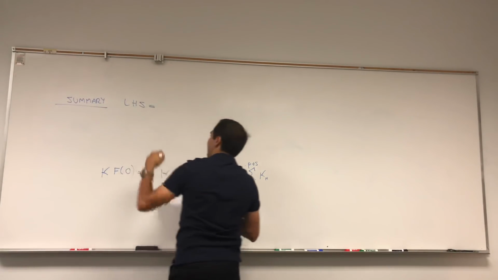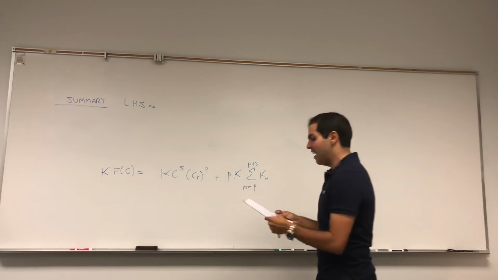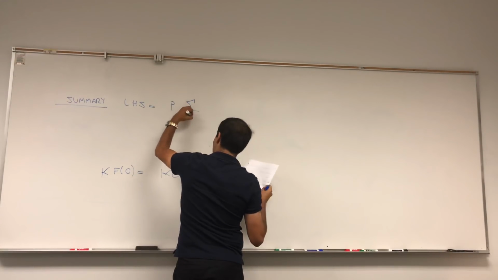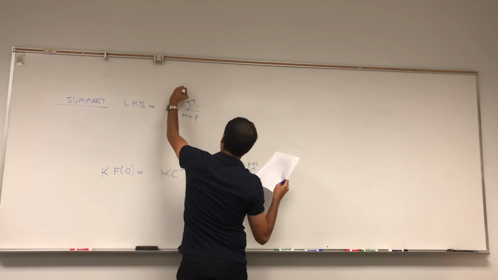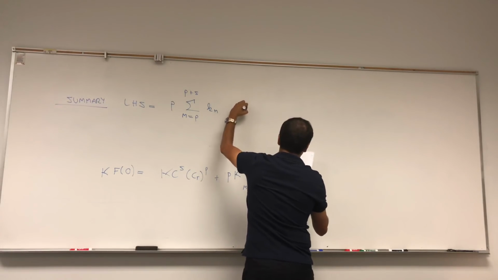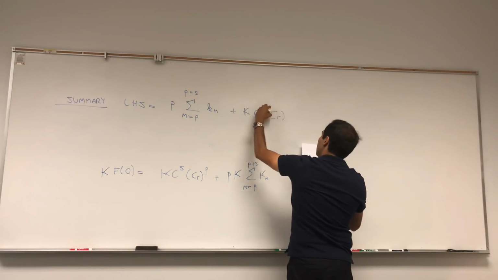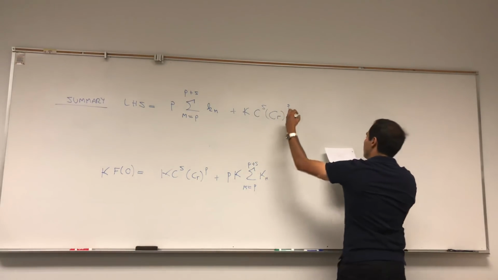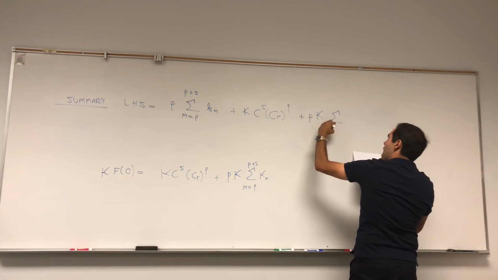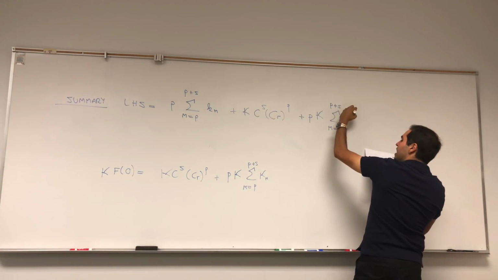Left-hand side, we got, first of all, the sum of f of beta i's, which became p times the sum of m from p to p plus s of little k_m, plus k c to the s, c r to the p, and plus p k, the sum of m from p to p plus s of capital K_m.